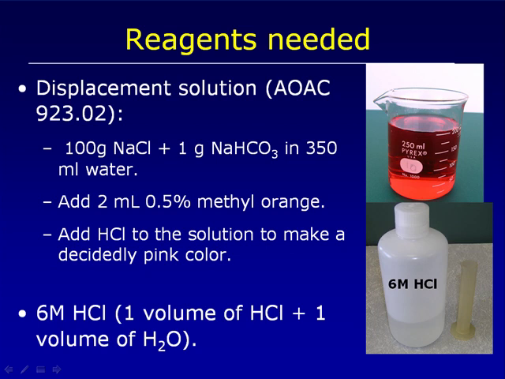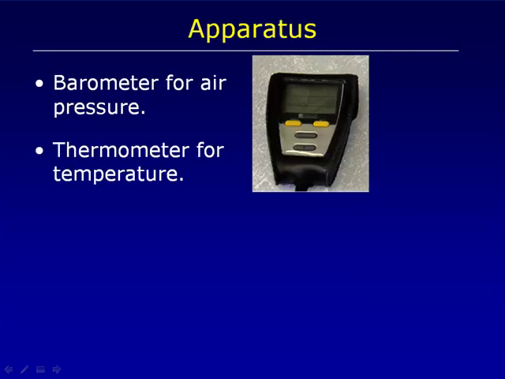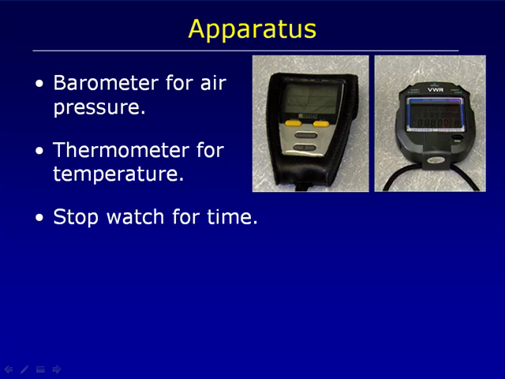You're also going to need some 6 molar HCl solution to react with the limestone sample. A barometer, a thermometer, and a stopwatch are also going to be necessary for this protocol.